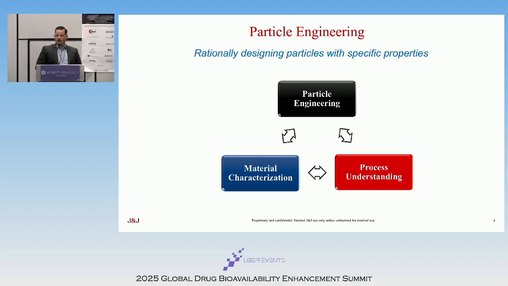But it also gives us a theoretical framework for rational design of particles that can have very specific properties, like the sugar particle that we saw before. But it also inherently requires a really intimate understanding not only of process, but of actual material characterization. But once we have that understanding, we can get in kind of an optimization loop here where we can engineer some really interesting particles.